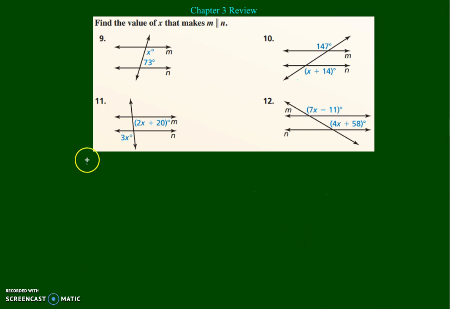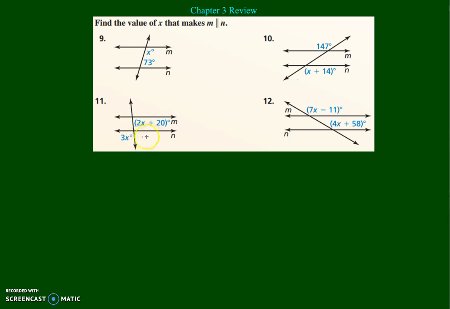And now on to problem 11. In problem 11 we have a little bit different situation. There's an internal angle here and an exterior angle here. There's no direct relationship to these two, but we can infer a relationship based on these positions. We know that this angle and this angle are corresponding angles. So if n and m were parallel, these corresponding angles would have to be congruent.